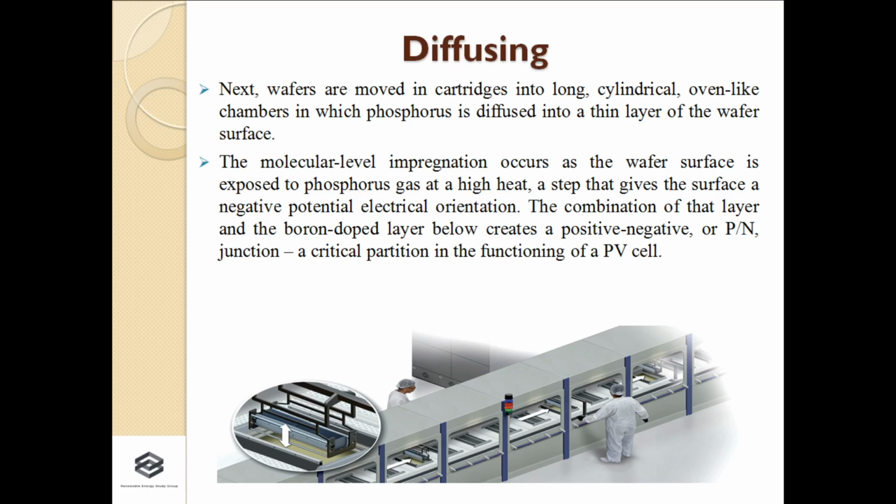In the outer shell of phosphorus there are 5 electrons, and by donating 1 electron, this donor impurity gets fixed over this solar cell.